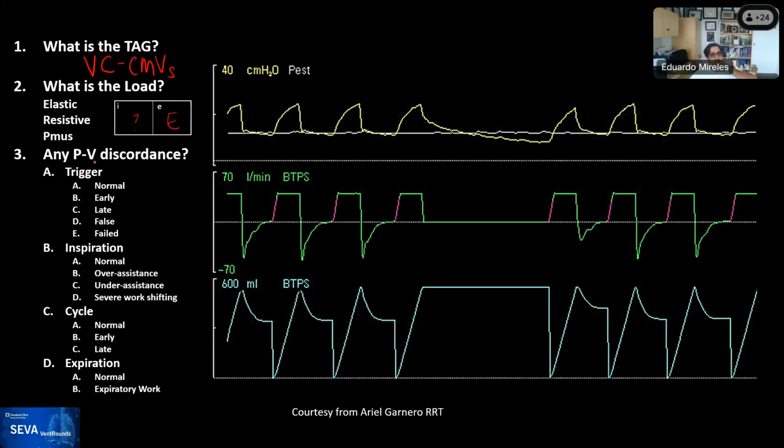Alrighty, so let's move on to the patient ventilator discordance. And remember, we always go in order. So let's see what the team feels is the issue with trigger. Is it normal, late, false, or failed?